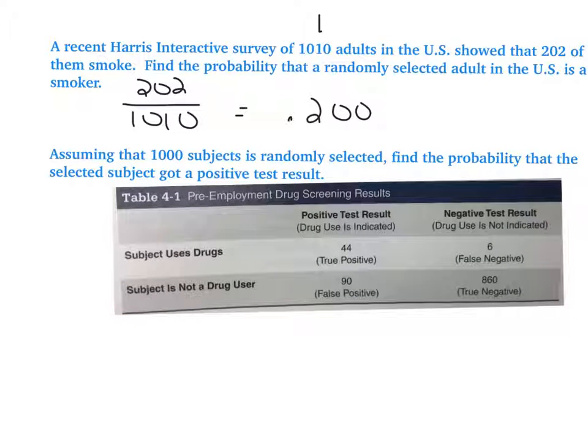Well, this is the classical one. We know there were 1,000 people who got tested, and 134 of them tested positive. So all we would do is reduce the 134 over 1,000 into a decimal, exactly 0.134. Pretty easy stuff mathematically.